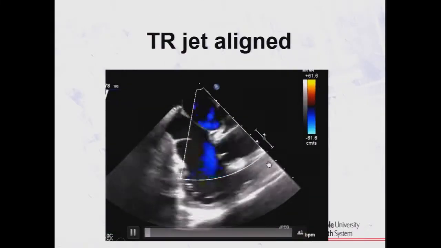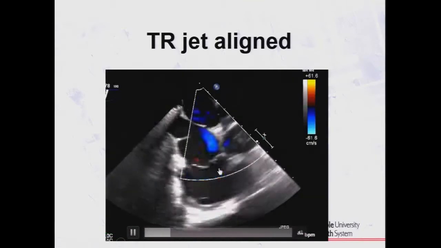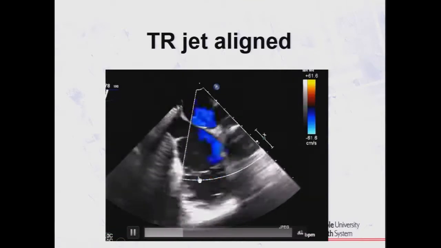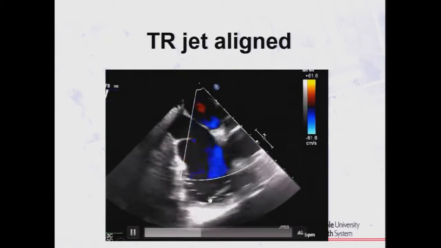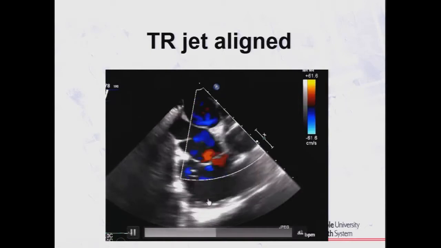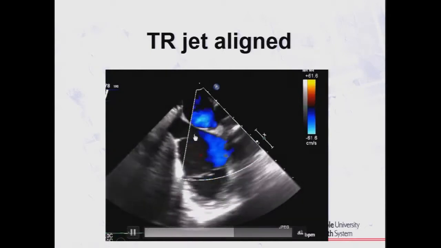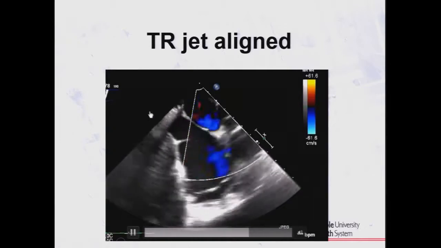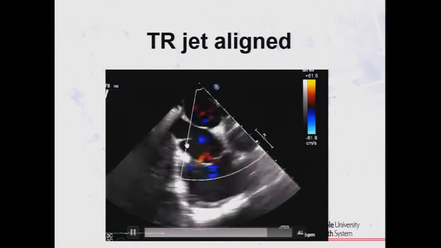Just off axis of the bicaval view, you can image the tricuspid valve. And this is where you align best with tricuspid regurgitation if you're forced to measure the PA pressure by TEE. This is a eustachian valve running on the floor of the RA.